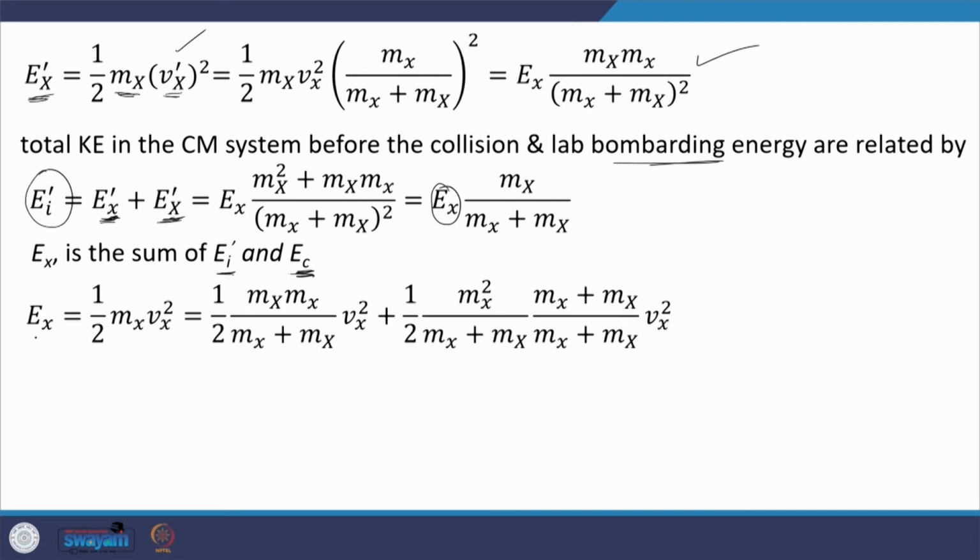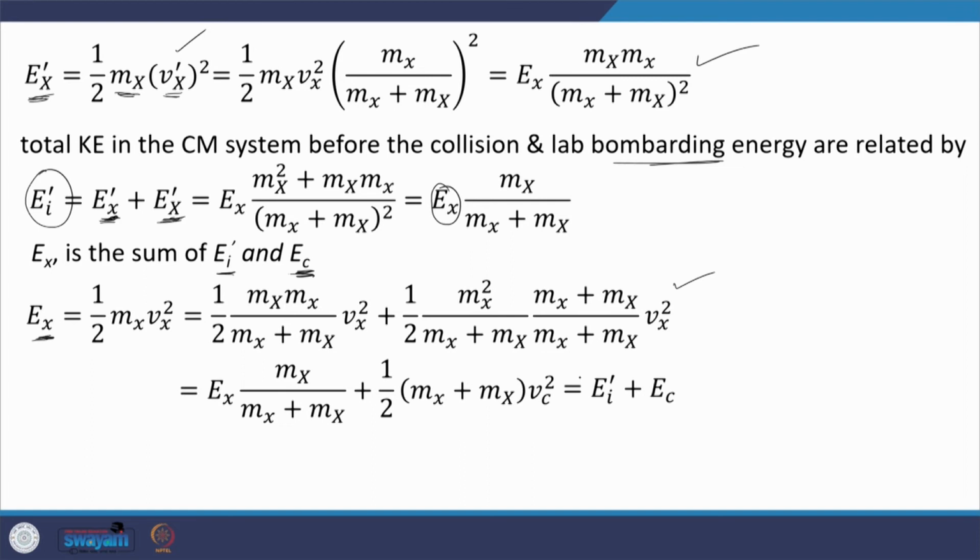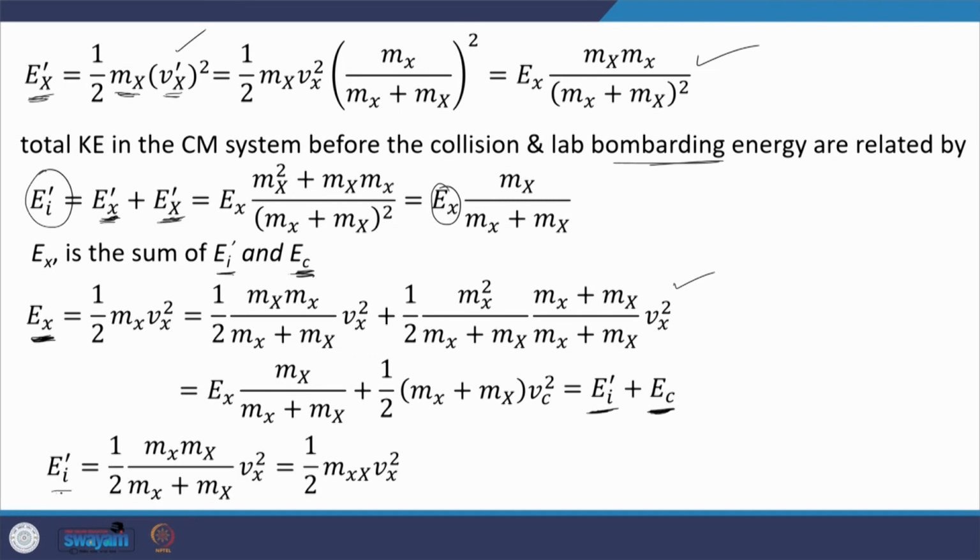If you expand this Ex, you get this kind of relation. Similarly, you can see the energy of the projectile as the sum of the total kinetic energy in the CM system and the energy associated with the center of mass. And Ei prime, as can be seen from this expression, is half mv square, where m is the reduced mass of the projectile and target nucleus, and v is the velocity with which the projectile is moving in the lab frame. So, that is how the relations can be related with each other.